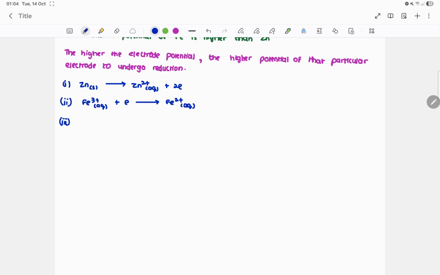So the cell reaction will be zinc solid plus 2Fe3+ aqueous goes to Zn2+ aqueous and 2Fe2+ aqueous.